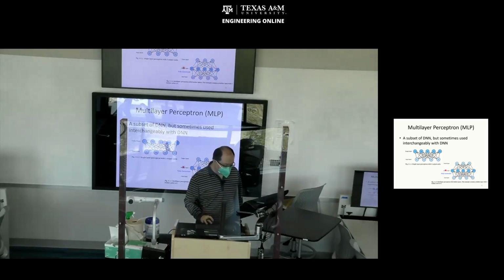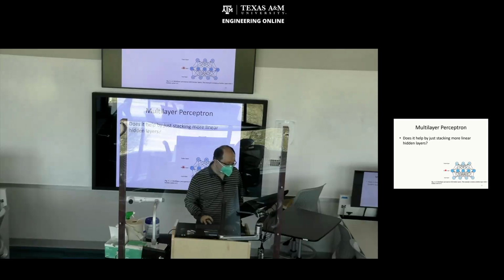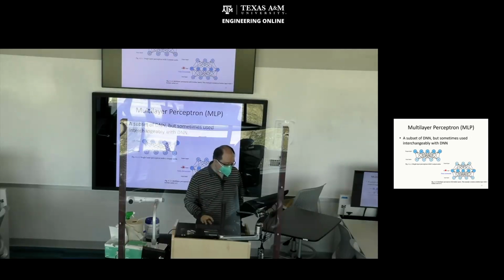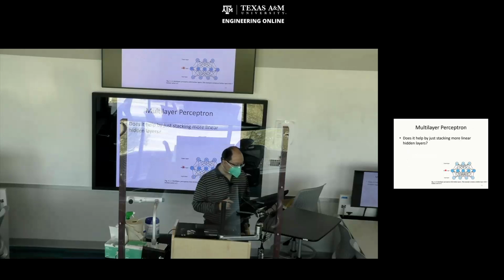Well, now there is a question. Let's ask this question. If you keep stacking more and more hidden layers, do you think that your model is much more powerful?